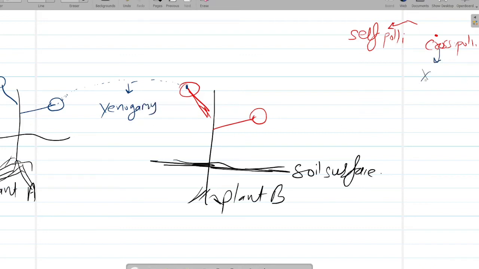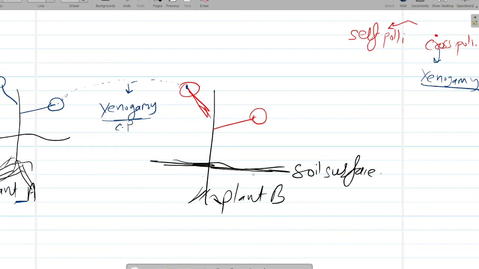If the anther lobe's pollen grains come out from plant A and drop on the stigma of plant B, then this process is called xenogamy or cross pollination.